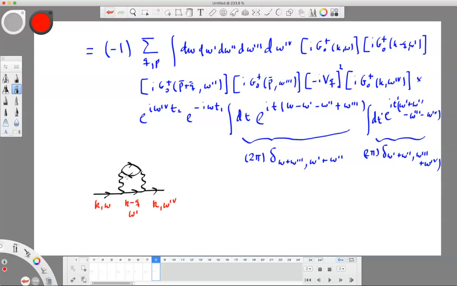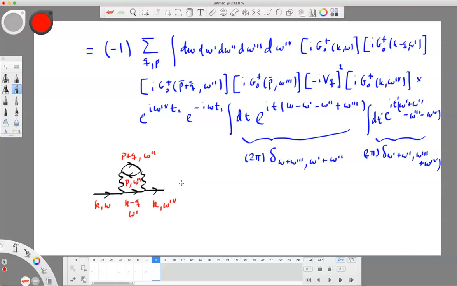And then we have this intermediate momentum. This momentum is going to be P, and it's going to be associated with omega triple prime. I should have drawn this diagram a little larger, my pen is not fine enough. And then we have P plus Q here, which is associated with omega double prime.